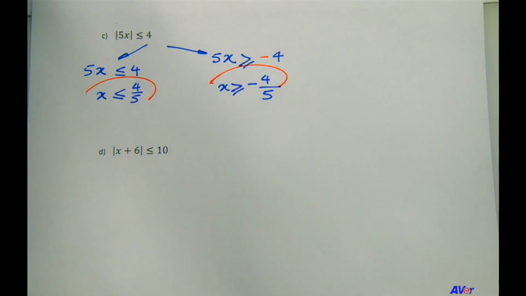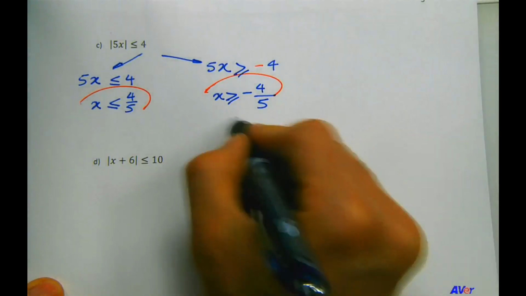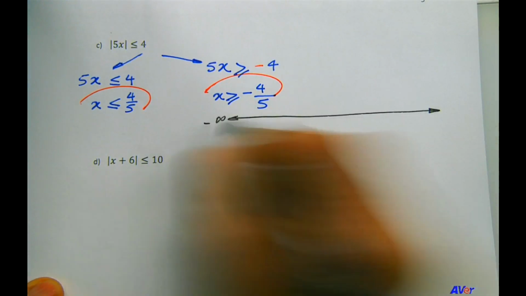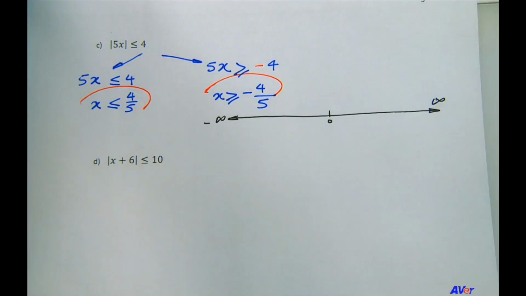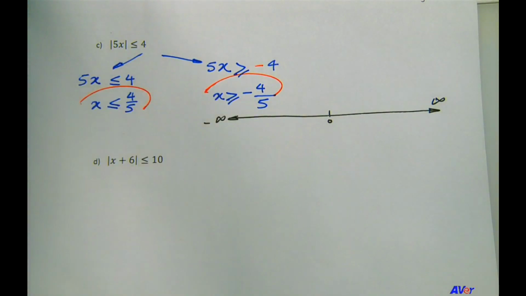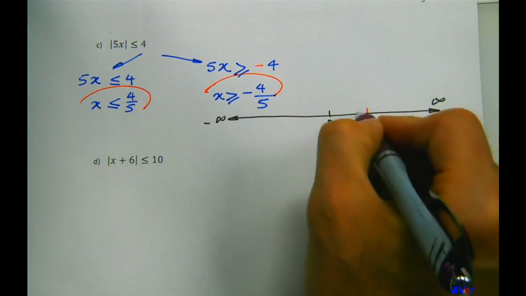So what's the final solution? Because we need to give that using the interval notation. So let's do a little graph here. -∞, infinity, 0 in the middle. So 4/5 is a little bit less than 1, right? If this is 1, then 4/5 would be here.